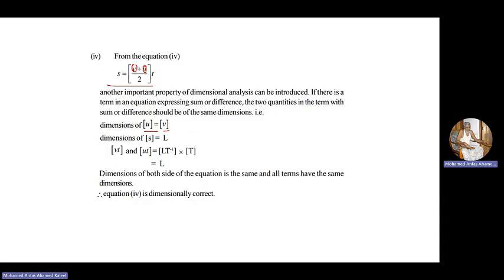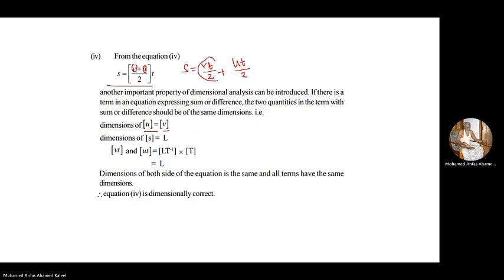Like the previous concept, if you expand this equation, it becomes Vt over 2 plus Ut over 2.